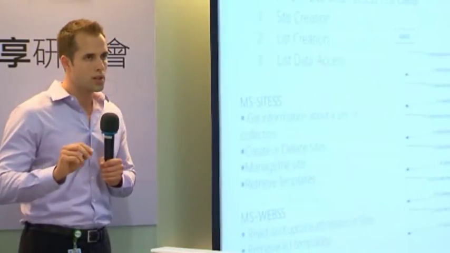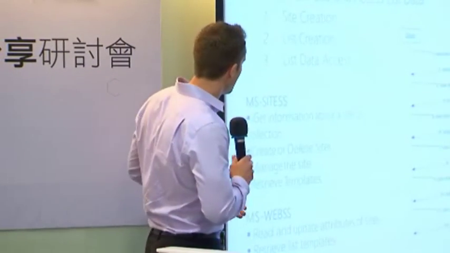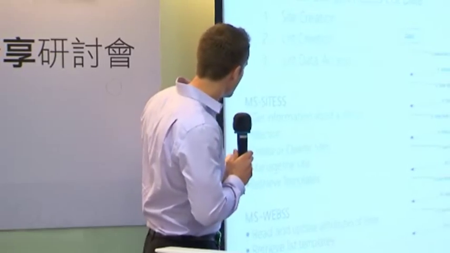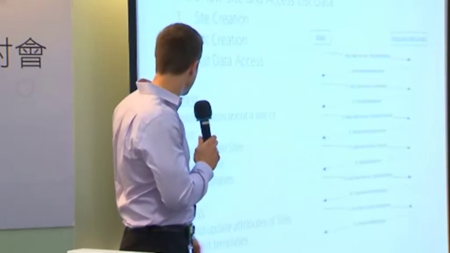I think the takeaway from this slide is that for a single scenario or a single operation that you may be doing with the protocols, it's not going to be one protocol that you're going to be using. You're most likely going to be using multiple protocols to accomplish a single task. In this example, we're doing 3 things and using 3 protocols, but if we took this one off, we'd actually still be using 3 protocols.